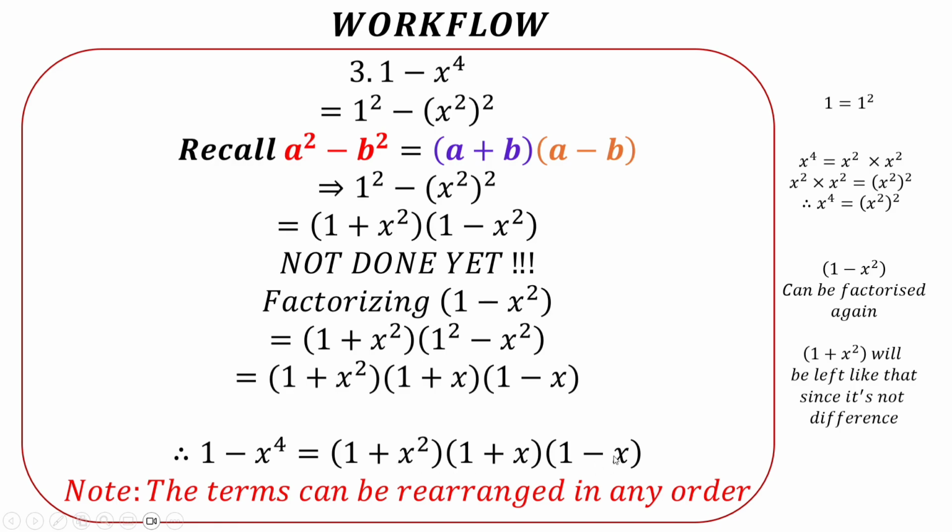Okay, the fourth example we have is x squared y to the fourth power minus x to the fourth power y squared. We have to factorize this completely. So for this particular example, we are going to have to factorize the common terms for the whole expression.